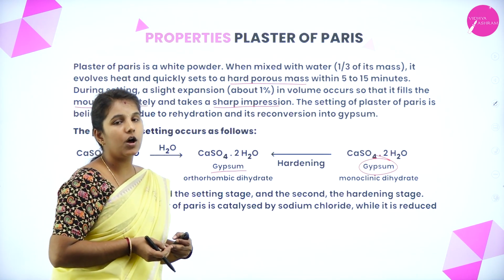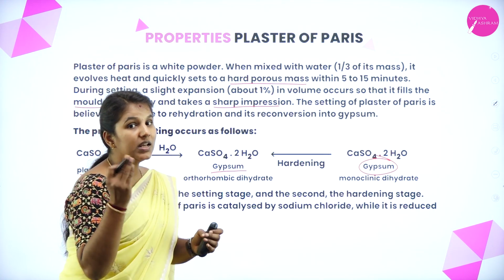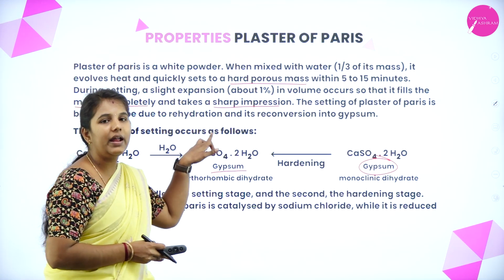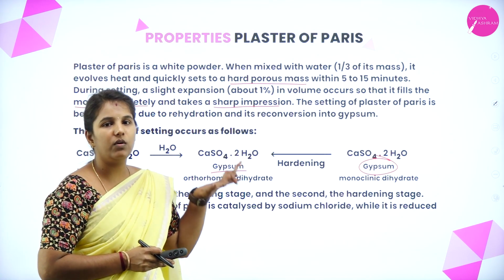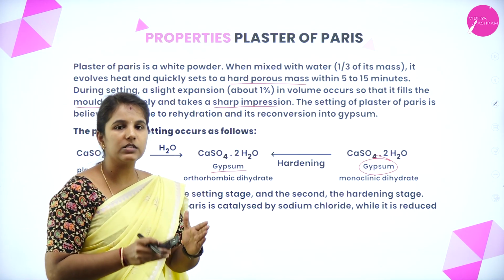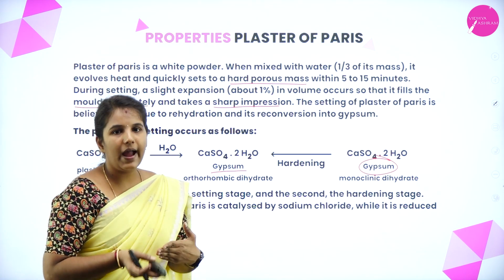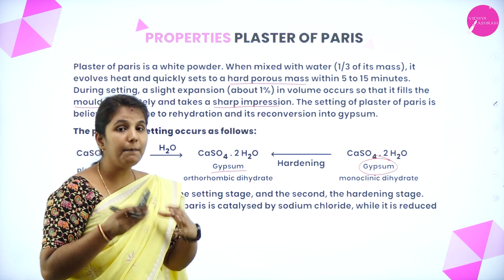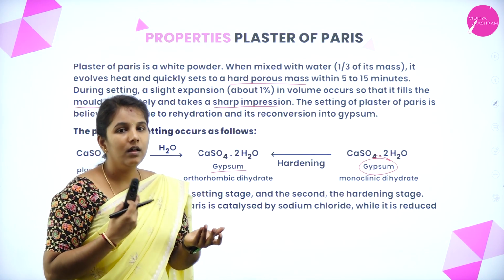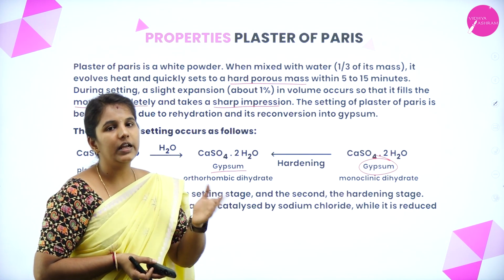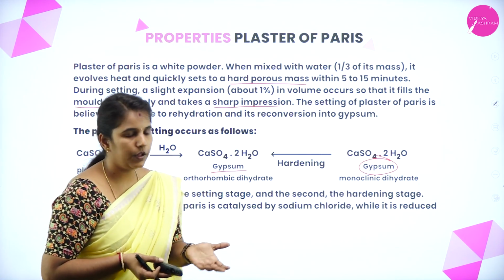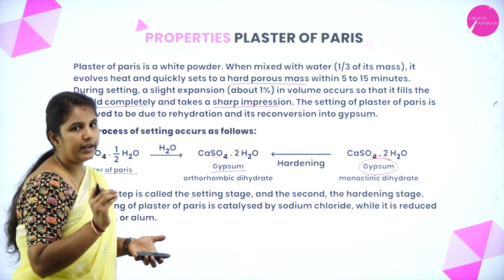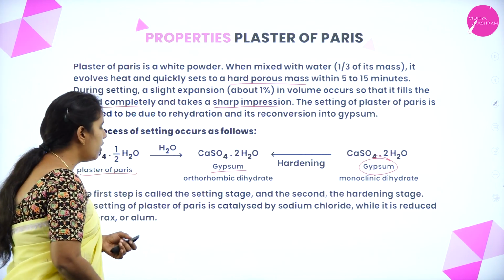This property of plaster of Paris is mainly due to the rehydration or reconversion. When you take the plaster of Paris and do the rehydration, it will form what? Gypsum. Okay. This is one of the specialities between gypsum and plaster of Paris.